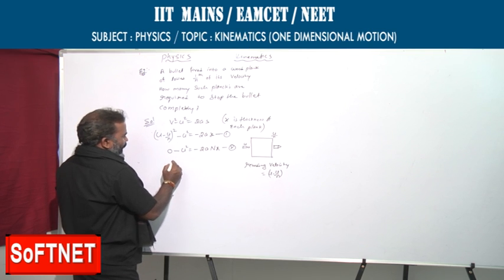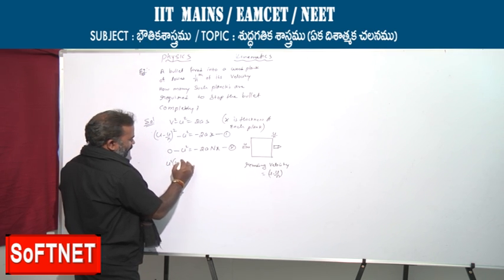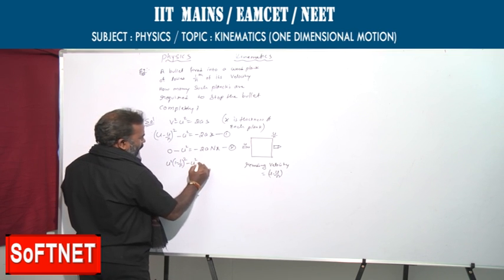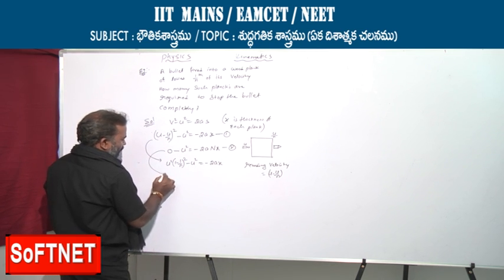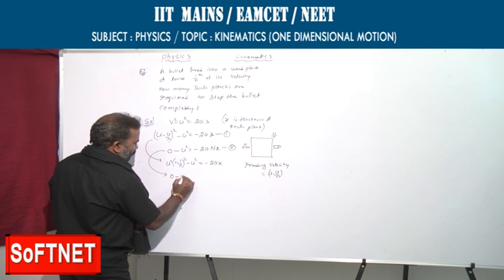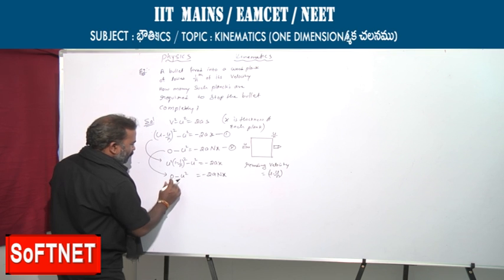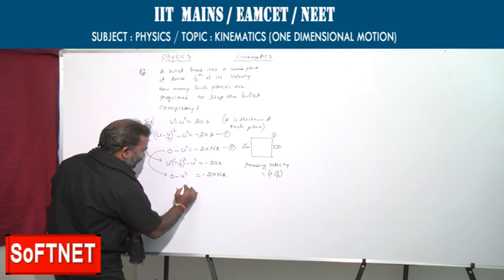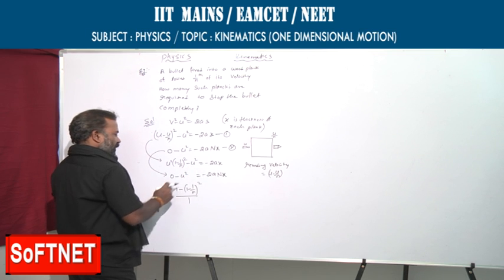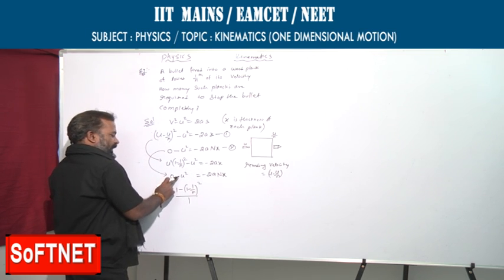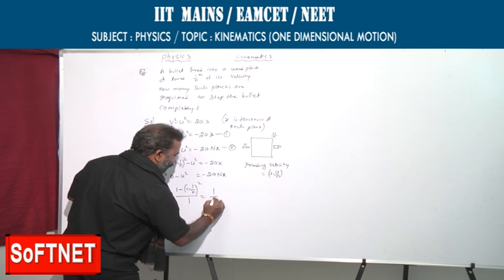When we simplify, taking u² common, u² into (1 minus 1/n) whole square minus u² is equal to minus 2ax. I wrote this equation again. And again this equation as it is: 0 minus u² is equal to minus 2a nx. Let's divide these two. On dividing, u² cancels. So remaining is 1 minus 1 by n square by 1. I'm dividing these two equations, so u² cancels. Here there is -1, so taking -1 common, 1 minus 1 by n whole square is equal to 1 by capital N.